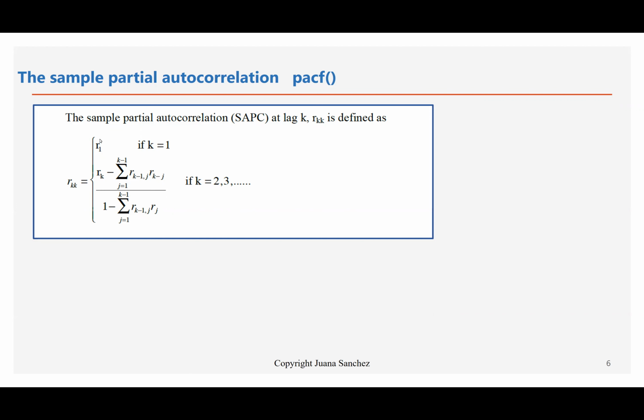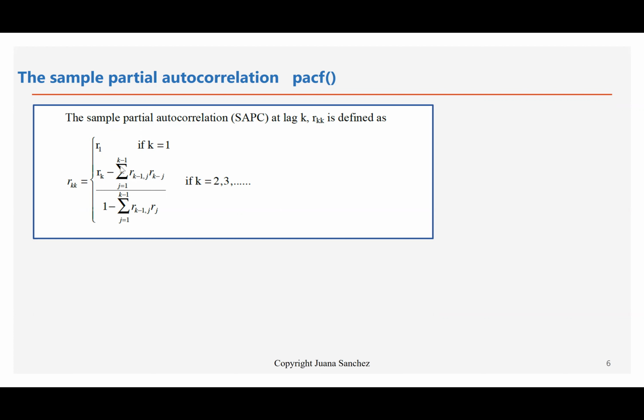R sub 1,1 is just the first R1. And for the other lags, for k equal to 2, R sub 2,2 will be R sub 2 minus the sum from j equal 1 to k minus 1. In this case we are doing 2, so that will be R1.